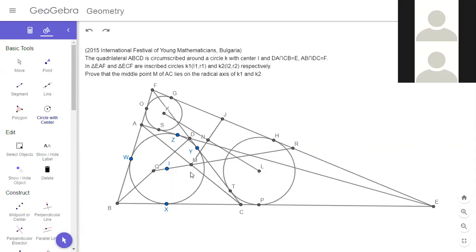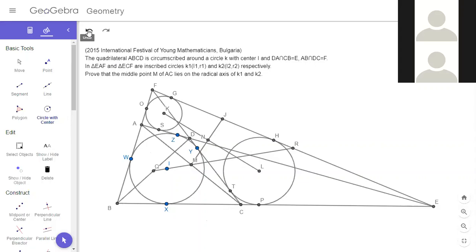Let's see. So MK is not equal to ML, right?